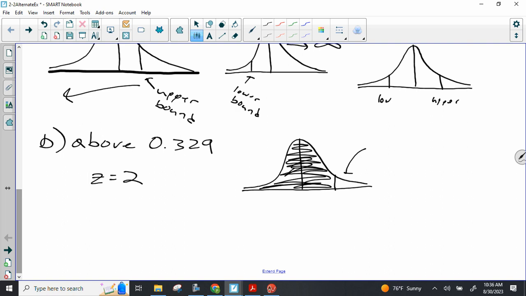So if I want to know what's left from this, at this particular point, it was 0.97725, right? That's the area below. So then to get the area above, we'll just go 1 minus 0.97725. You just subtract it from 1 to get what's left there.